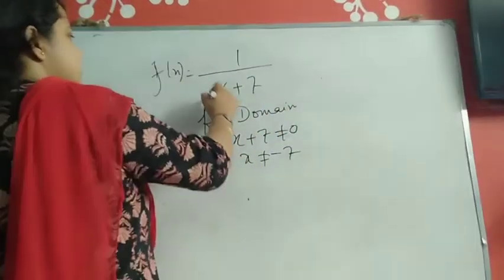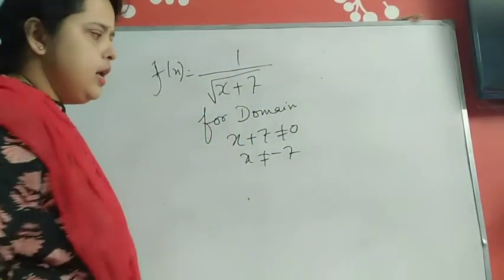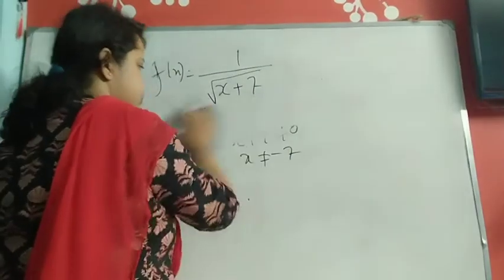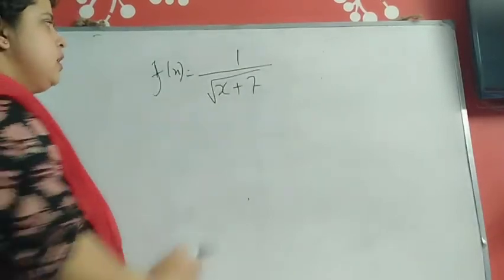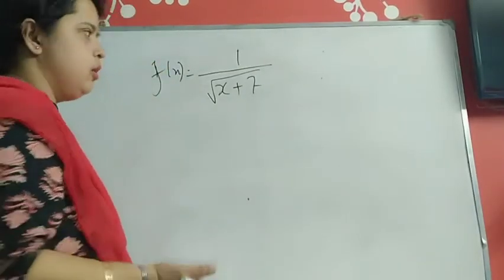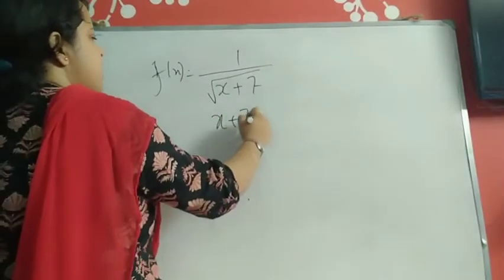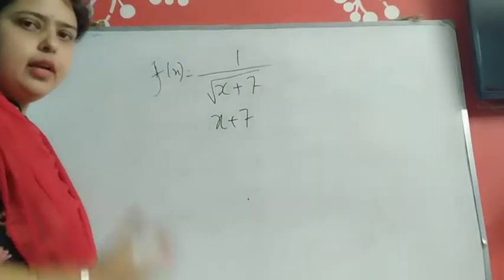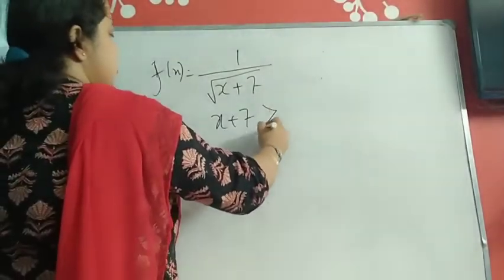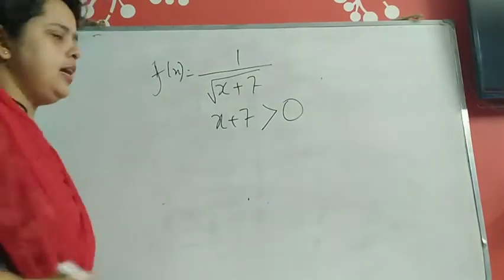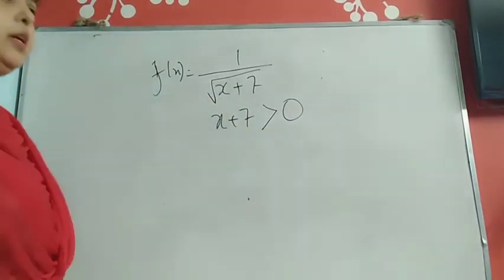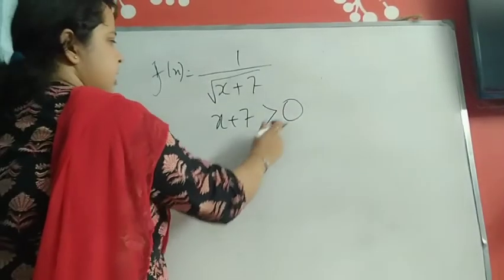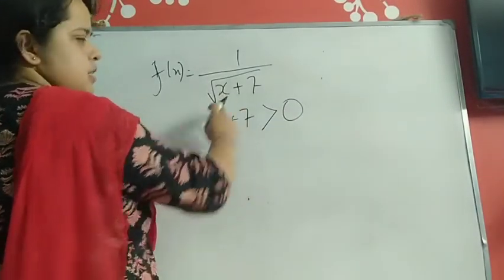Understood? Now, if it is a square root over here, then in this type of question, you must remember when the denominator contains a square root also, then under the square root, for real values of f(x), we should not get anything negative. That is, x plus 7 should be greater than 0. And we cannot make it equal to 0 because it is in the denominator.